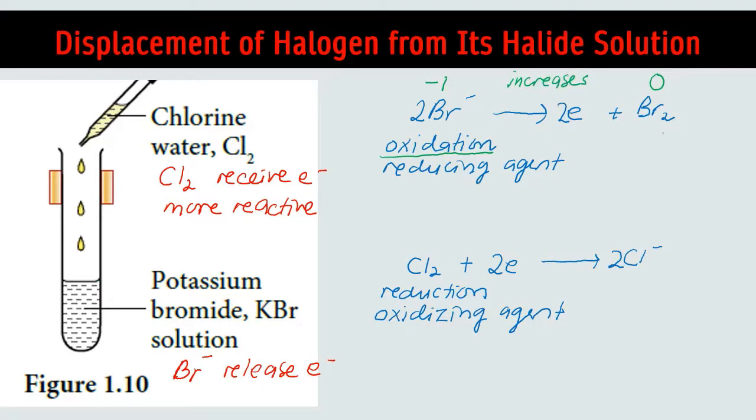It confirms the oxidation reaction. While if we refer to the half equation for reduction reaction, the oxidation number of chlorine molecule is 0 and then decreases to -1. Okay, it is confirmed that chlorine molecule undergoes reduction.